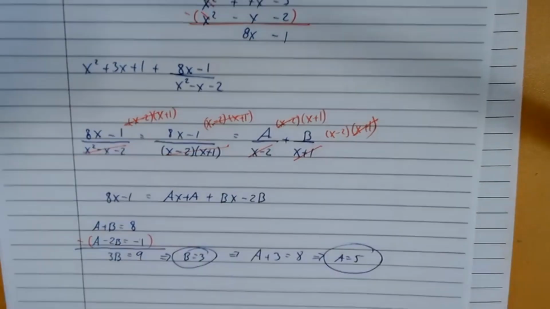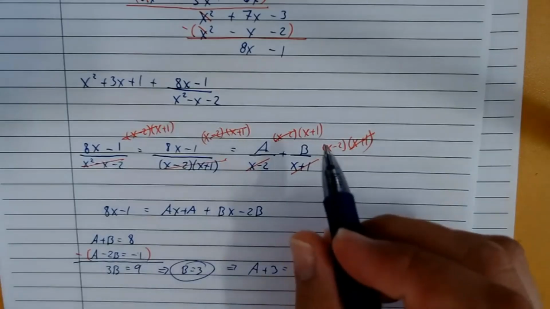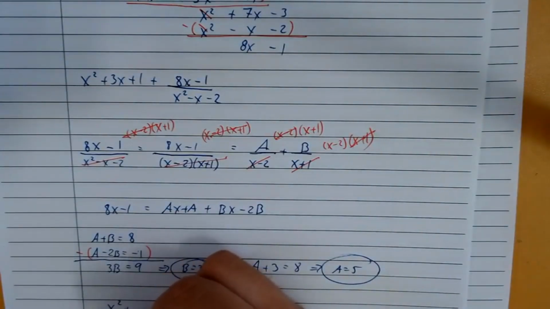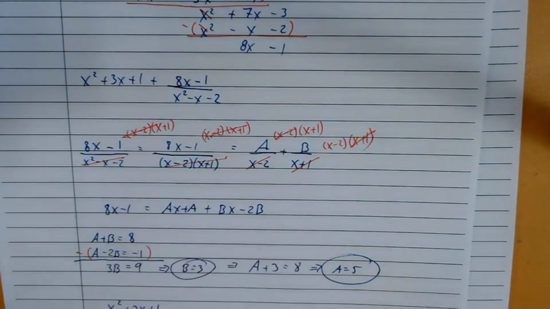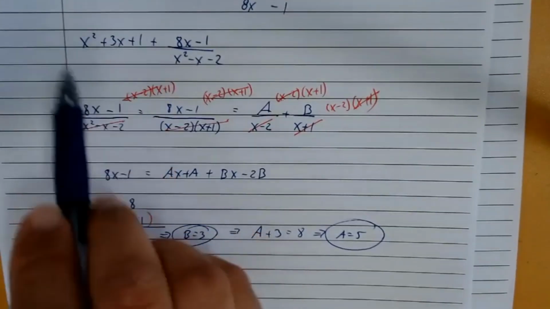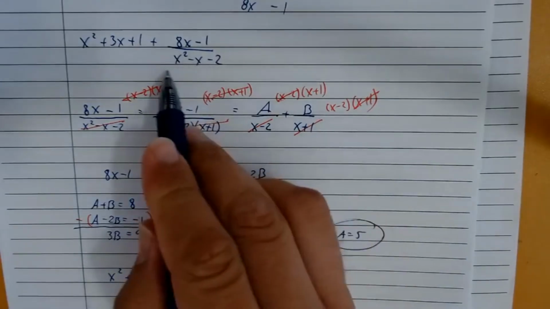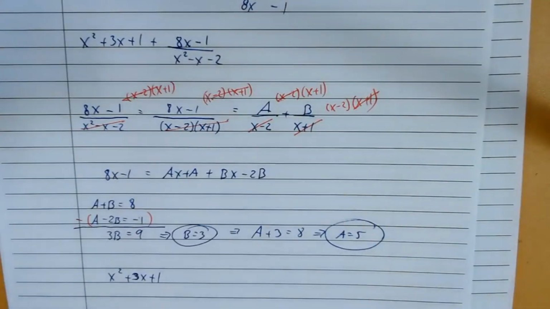So in the end, my partial fraction decomposition is going to be x squared plus 3x plus 1. Notice that's not rational. That's just the polynomial part of our division. But then this rational part, that's the part we decompose.